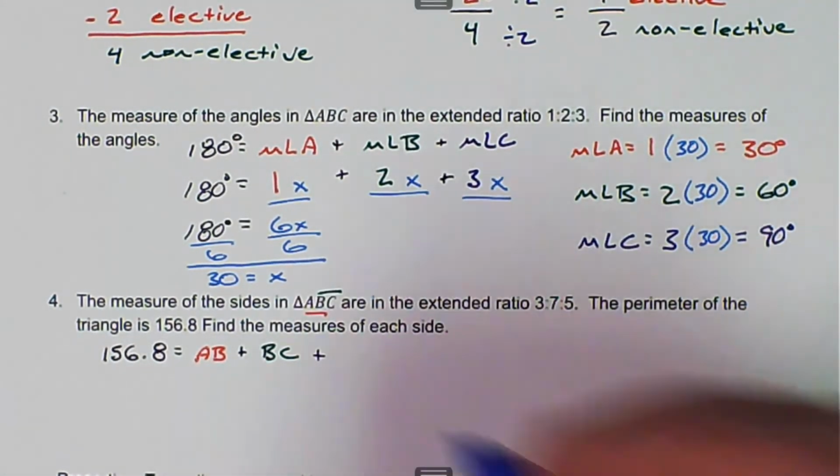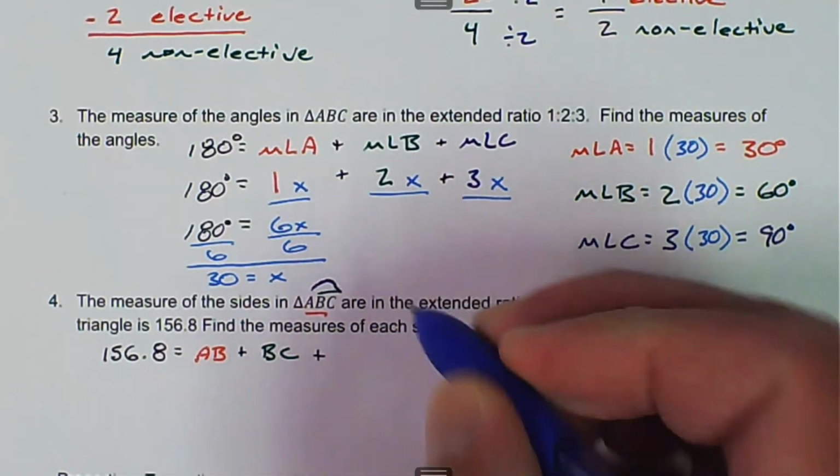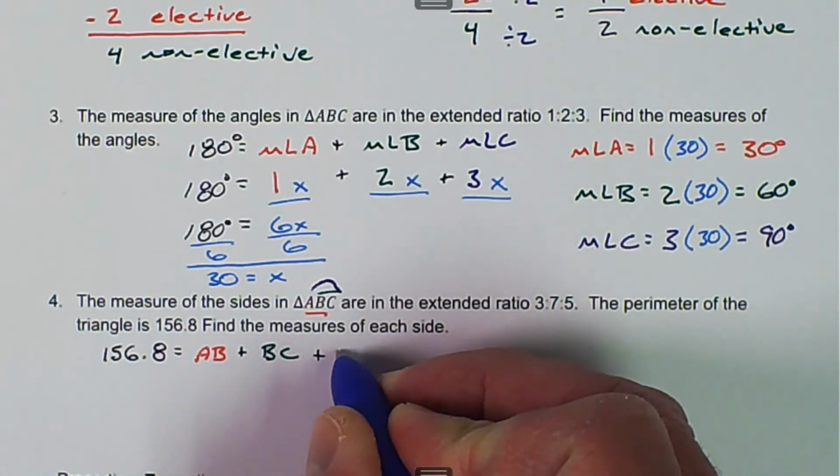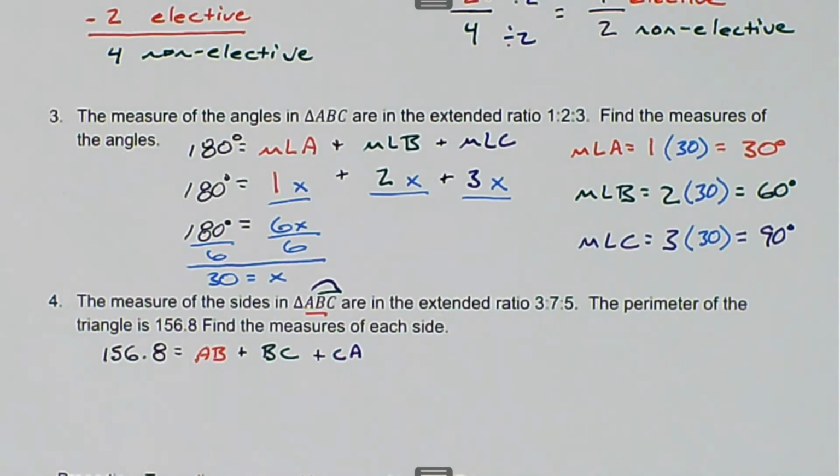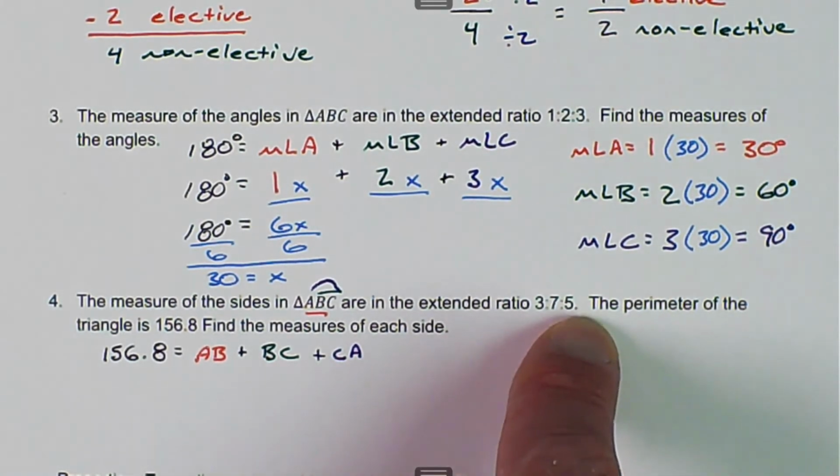And the last side is CA. So the ratio is 3 to 7 to 5.